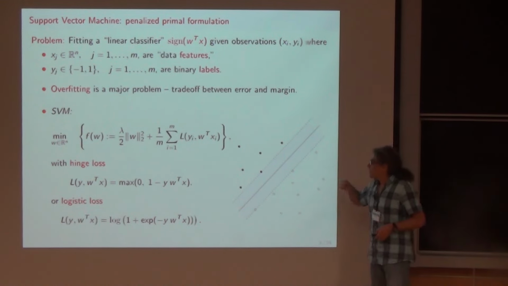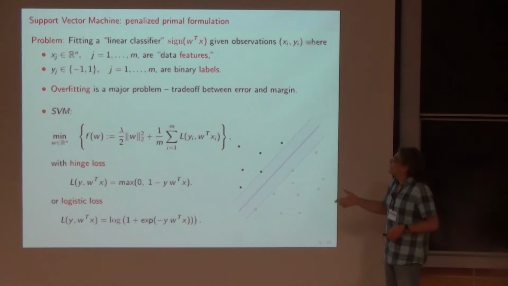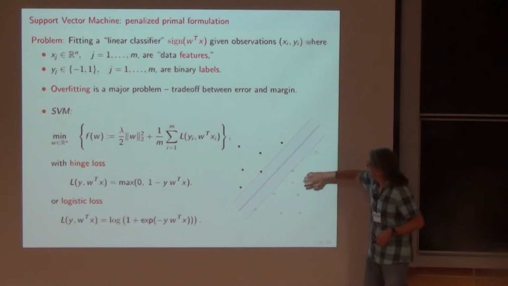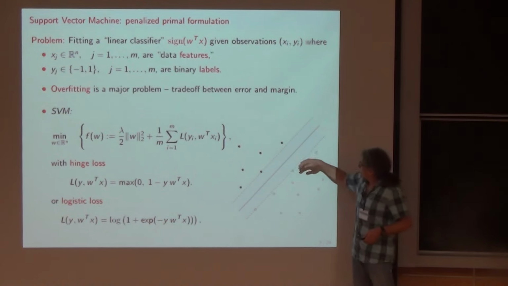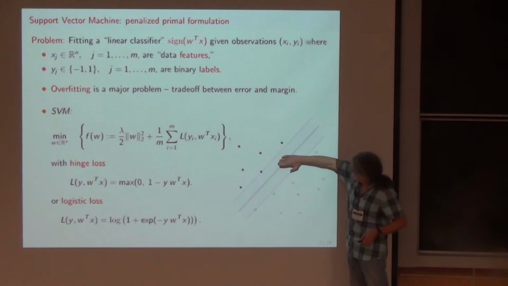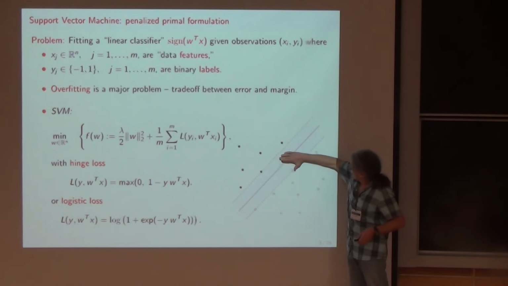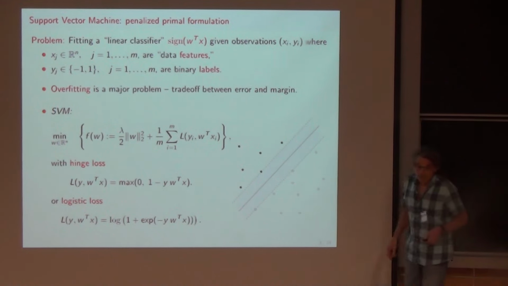You can penalize with the L2 norm of the classifier, and as it happens, it corresponds to maximizing the margin of the classification. This means that if the two sets can be properly separated, the classifier which you will obtain by minimizing the L2 norm of W will correspond to the maximum thickness of this band.